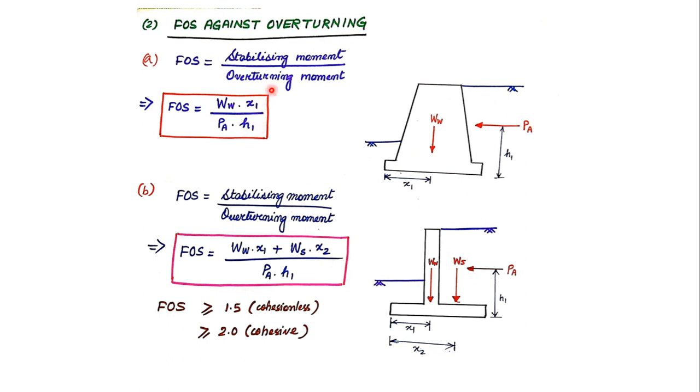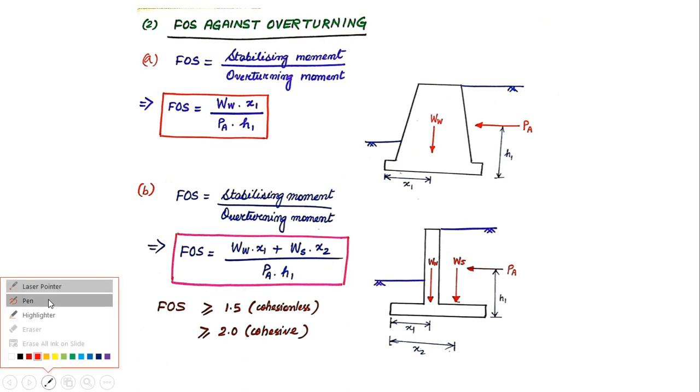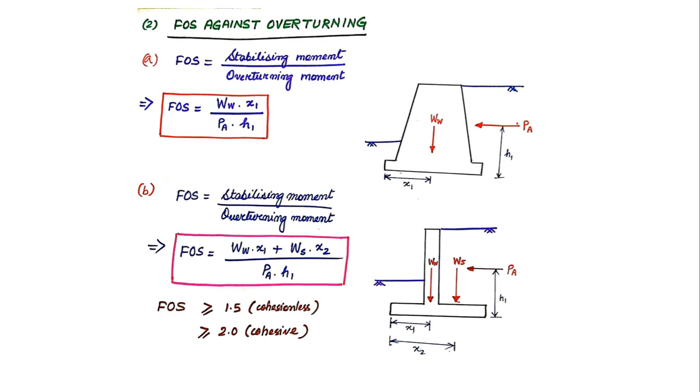And what will be the stabilizing moment? The stabilizing moment will be because of the weight of the wall. The weight of the wall is WW and the distance from this point is x1. You know that the active earth pressure will overturn the wall about this point, so the moment will be acting in the anti-clockwise direction.